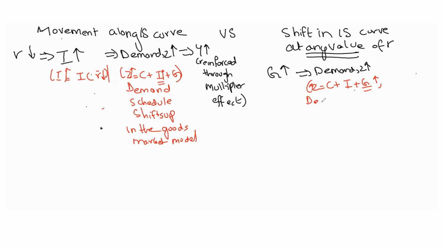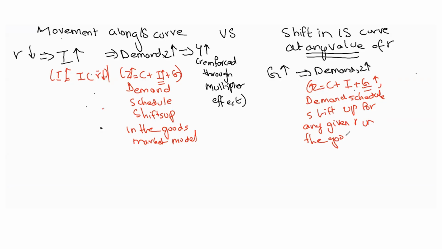So again, the demand schedule will shift up like before, but now it shifts up for a given R. So in this case, it's not the R which is shifting the demand schedule, but for a given R, the demand schedule is shifting upwards in the goods market model.